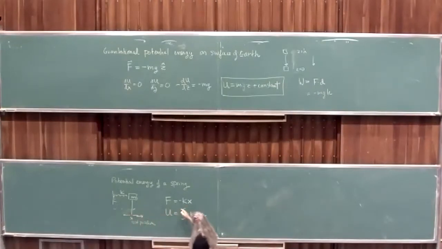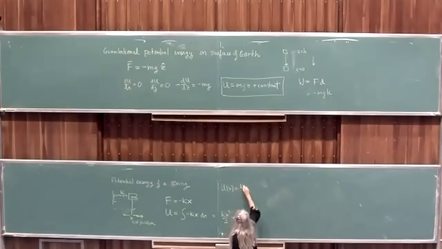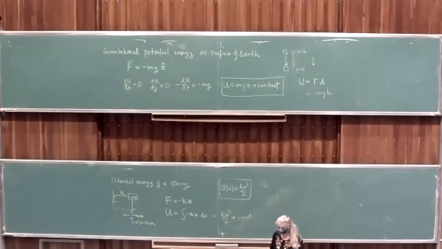And there's a minus sign, so we get rid of the minus sign. And that's going to be kX squared over 2 plus a constant, which we don't care about. So that's the potential energy for the spring. That's nice and simple.